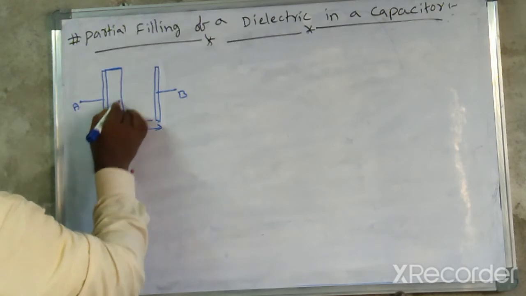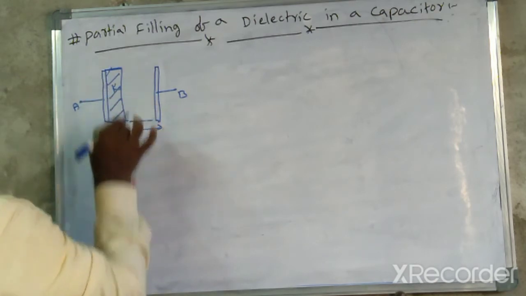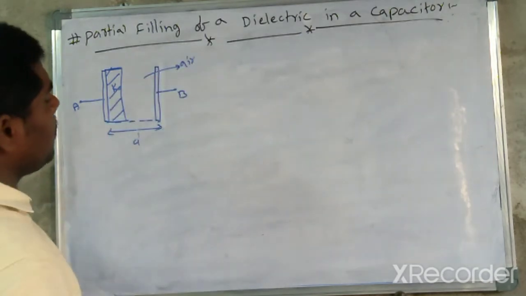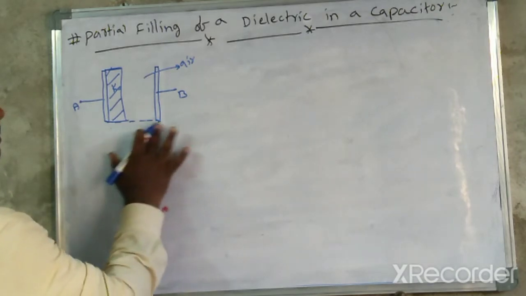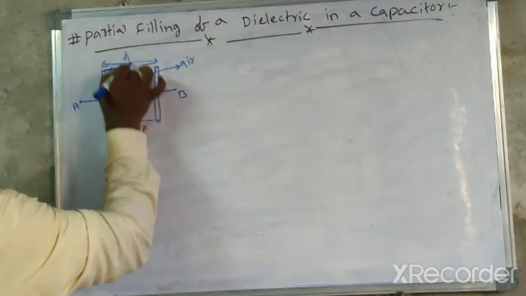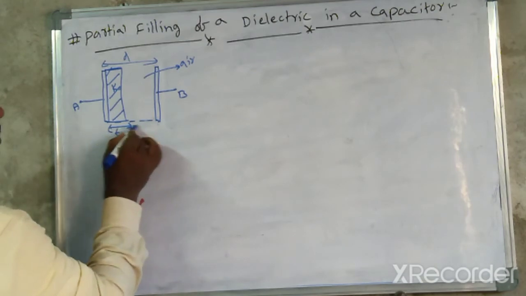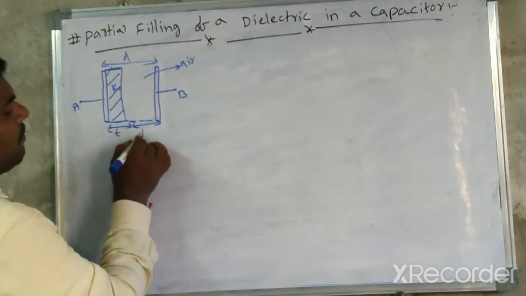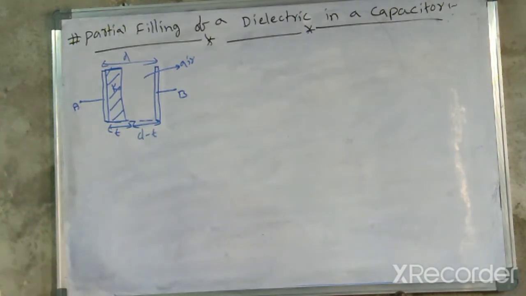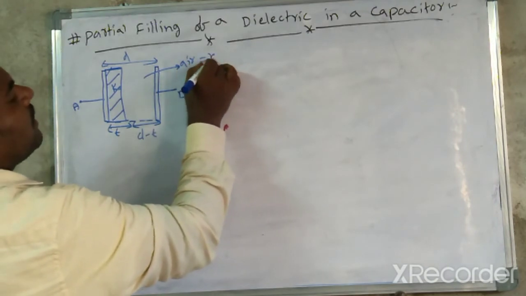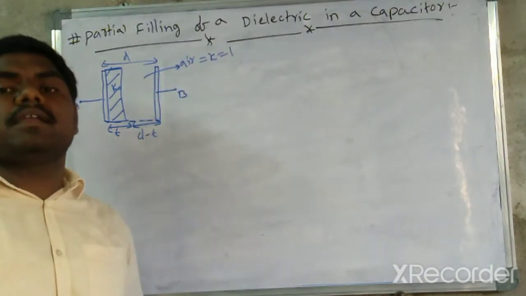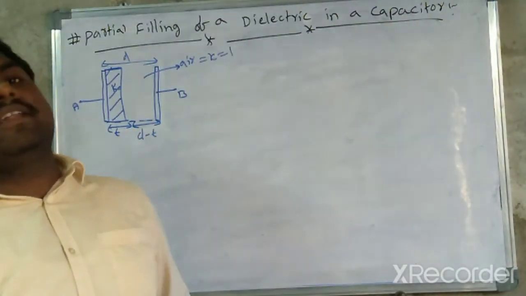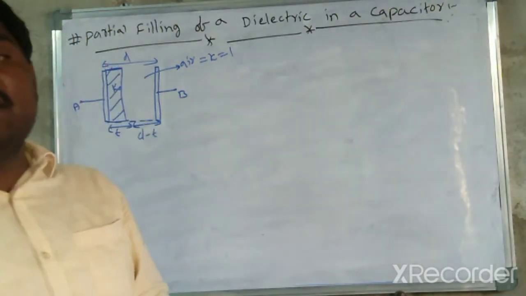This is the partially filled dielectric of constant K, and the remaining part is air. The thickness of the dielectric is already considered T, and the remaining thickness in air is D minus T. In air the dielectric constant K is equal to 1, because air is nothing but free space.